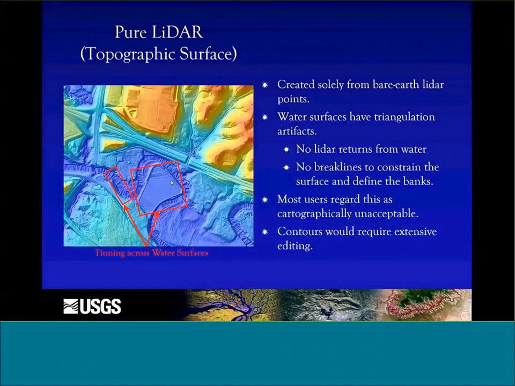They may be right on the bank, they may be a foot back from the water's edge and therefore a little bit higher. And so we get this very aesthetically unpleasing appearance to the water bodies. If we were to run contours on this, because of the way the water bodies behave and with no break lines, the contours would require an enormous amount of editing to make them acceptable.